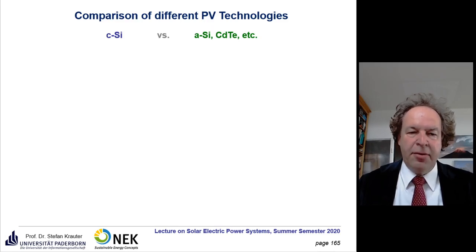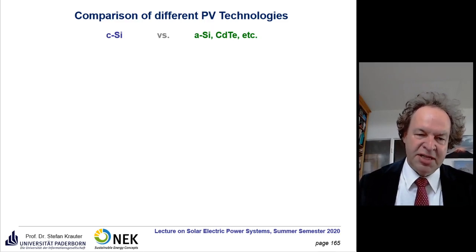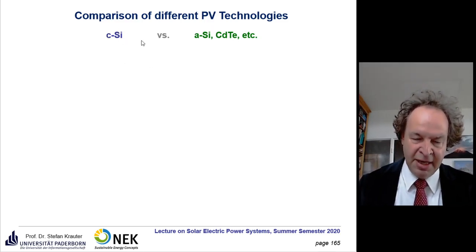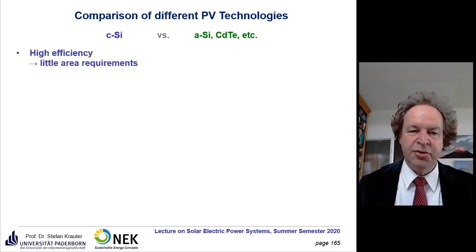If we compare the different PV technologies, for example crystalline silicon on the left side in blue color, and some thin film technologies such as amorphous silicon, cadmium telluride, etc. Usually crystalline silicon has the highest efficiency.